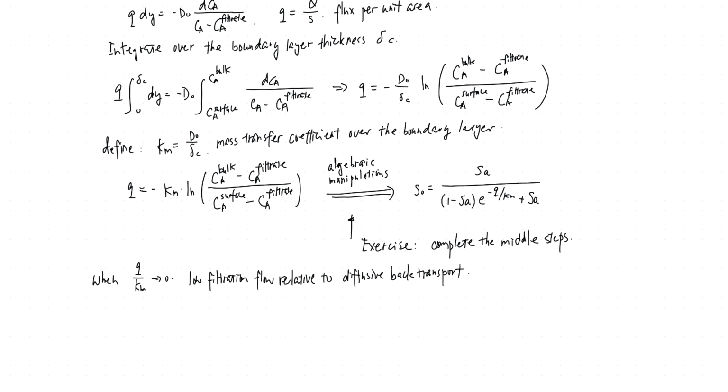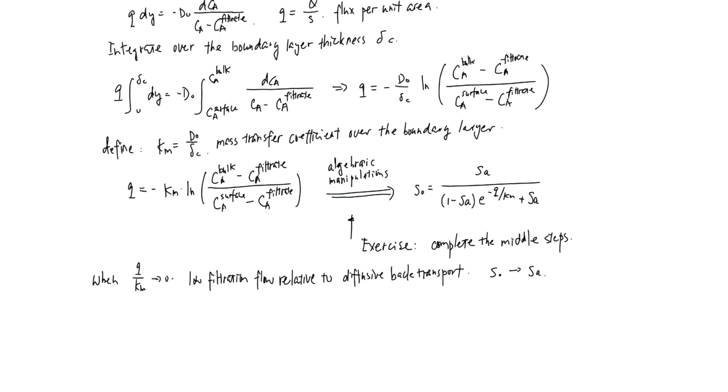In this case, the diffusive back transport dominates. That means the solute in the polarized layer tends to move the solutes back, and that's what leads to the bulk and the surface on the feed side being more or less similar. So this would lead to the observed sieving coefficient approaching the actual sieving coefficient.